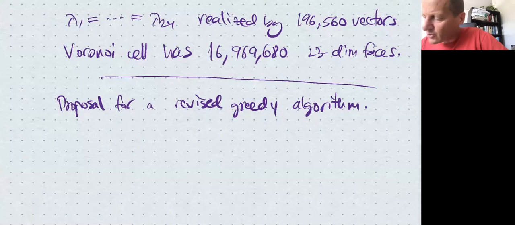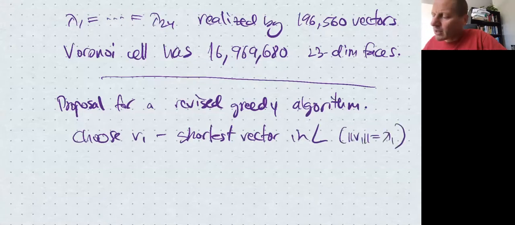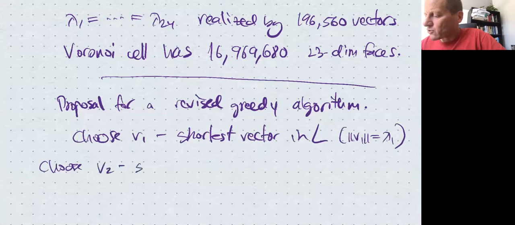So you could say, well, choose V1 to be the shortest vector in L, so the norm of V1 is lambda 1. Now you might say choose V2 to be shortest among V2 so that V1, V2 is primitive.